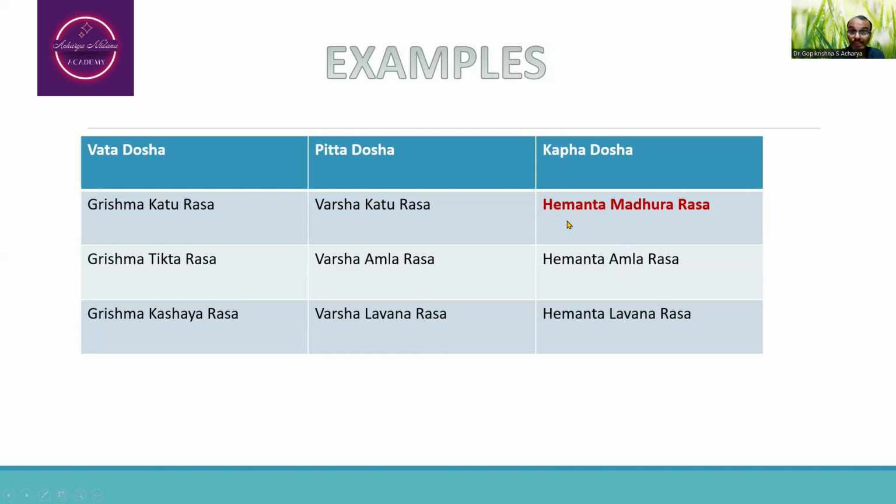Based on that, for Vata Dosha, the Utpadaka Hetu could be Grishma Rutuja Katu Rasa Sevana, Grishma Rutuja Tikta Rasa Sevana, Grishma Rutuja Kashaya Rasa Sevana. Whereas as far as Pitta Dosha is concerned, sorry, it is Varsha Rutuja: Varsha Rutuja Amla and Varsha Rutuja Lavana Rasa.